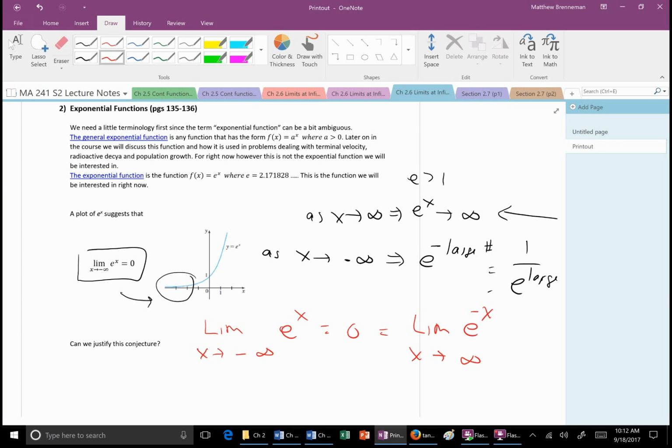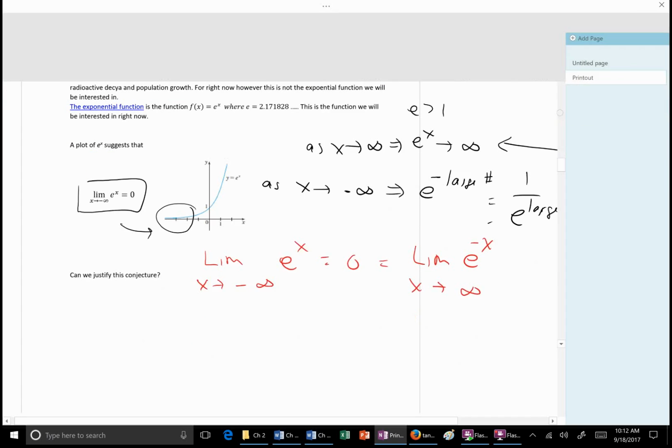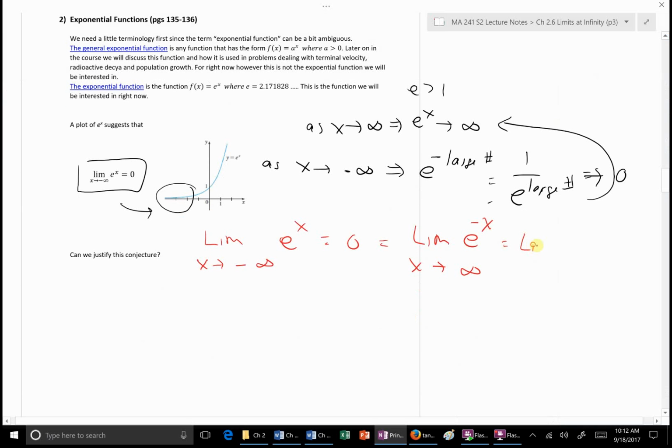Just think it through. What's happening as x goes to infinity? Well, I'm going to write this as 1 over e to the x. So as x gets really large, e to the x is getting larger without bounds, so 1 over it is going to 0.